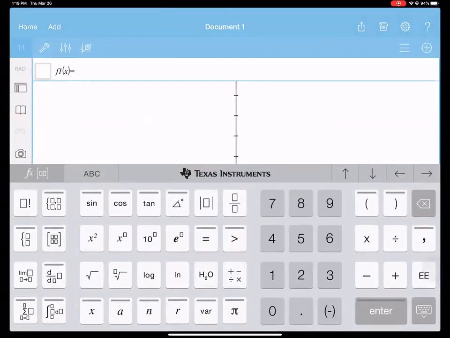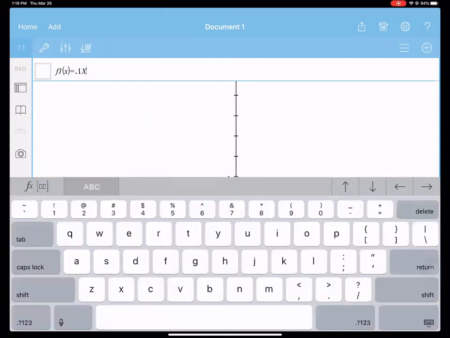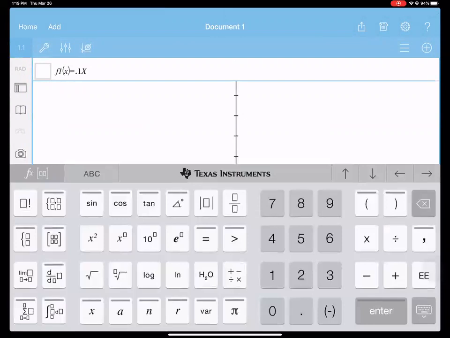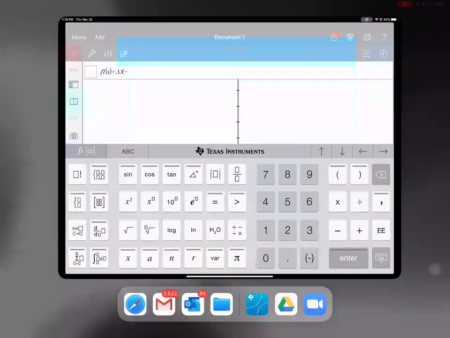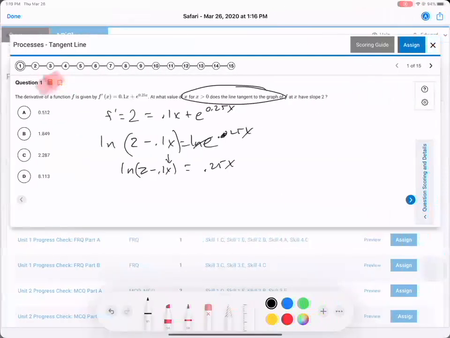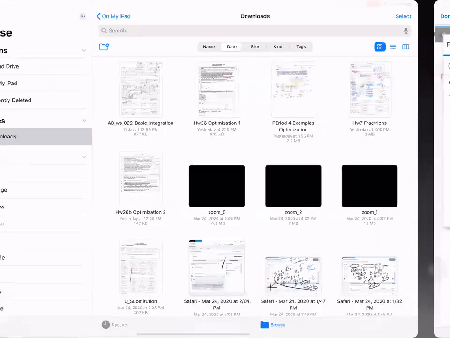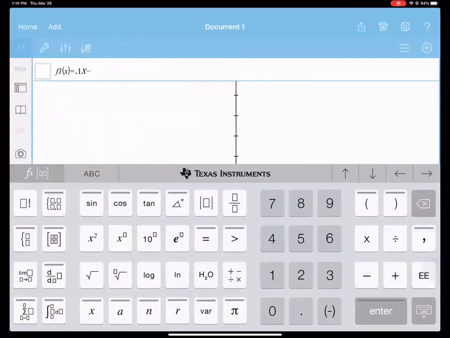We're going to say y is 0.1x plus e to the 0.25x. Here's x. So leave this one.